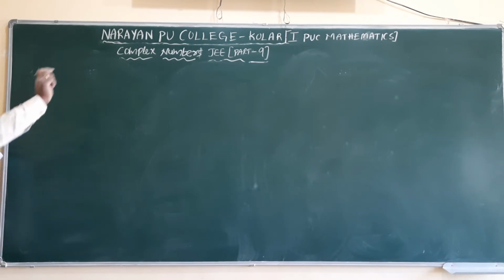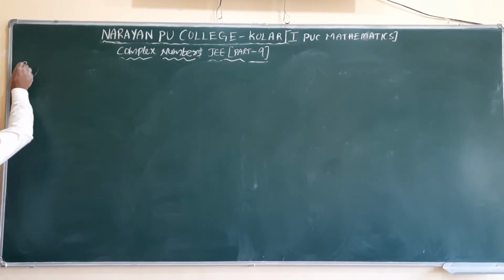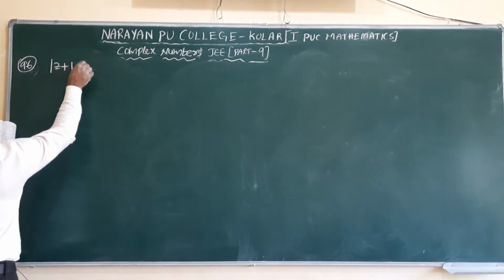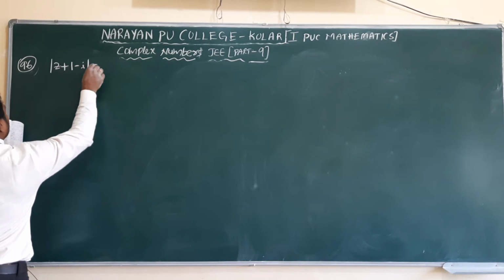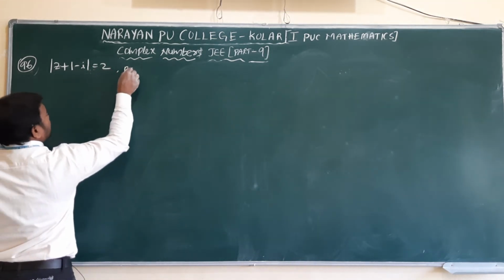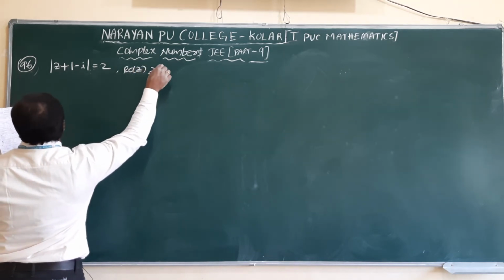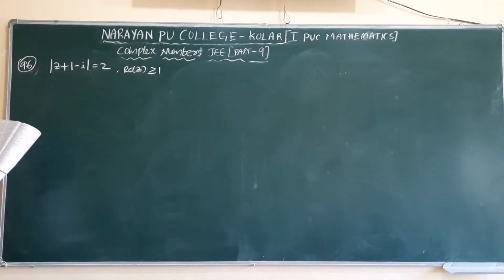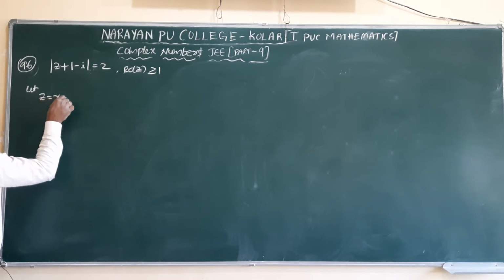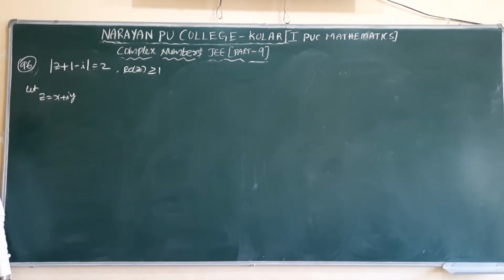This is question number 96. The system of equations modulus of z plus 1 minus i is equal to 2, and the real part of z is greater than or equal to 1, where z is a complex number. Here let z is equal to x plus iy.